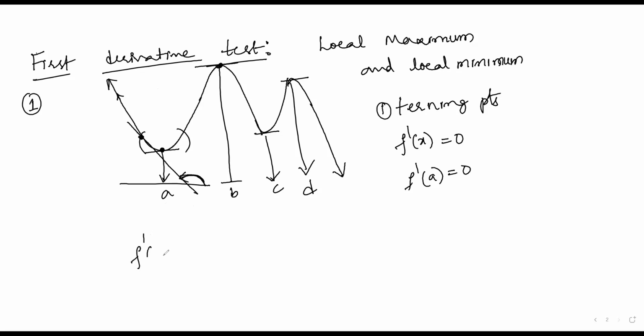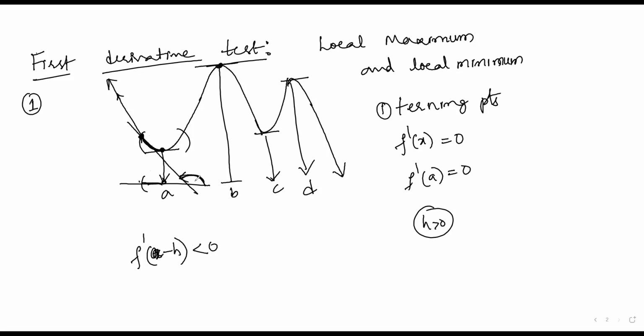So f dash of x: you are at A, in the neighborhood of A, that means A minus h, the left side of A, where h is some small positive quantity. This is the A minus h point. So in this, what is the slope of the tangent, f dash of A minus h?